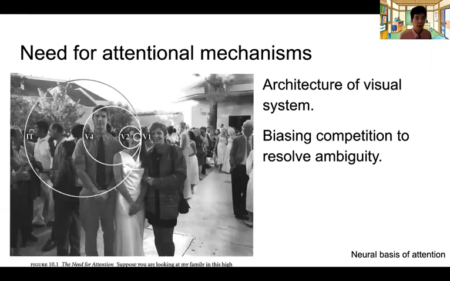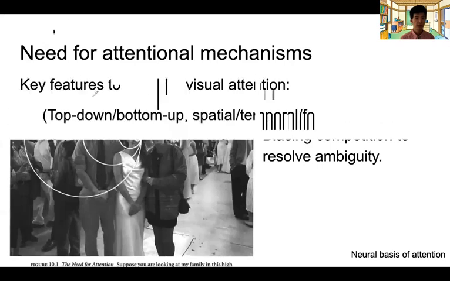So first, just to go back to knowledge from a couple of weeks ago, I emphasized that there is this architectural feature of the visual system where the receptive field size expands as you go from lower visual area to higher area. So for example, if the center of the receptive field is here, the V1 receptive field is small, and then V2 tends to be bigger.